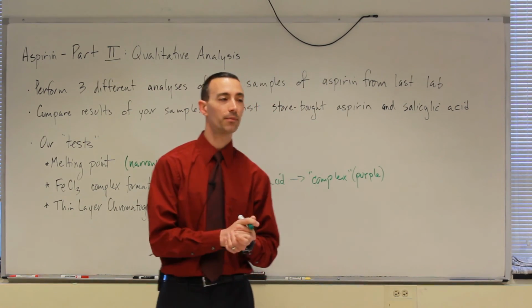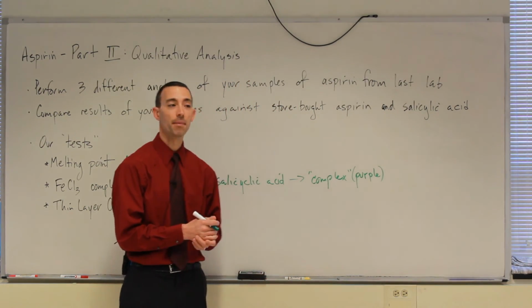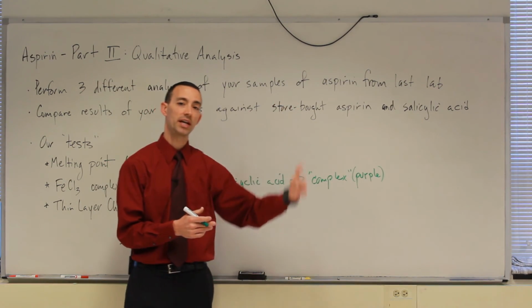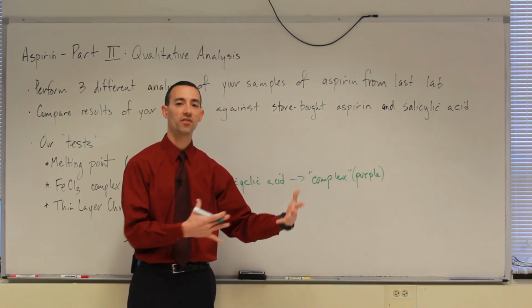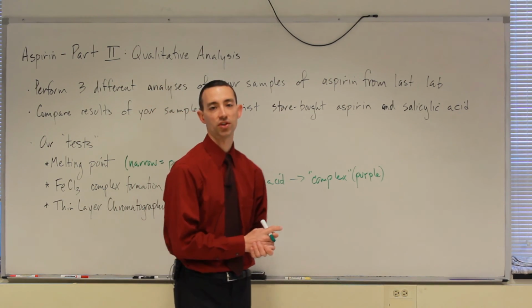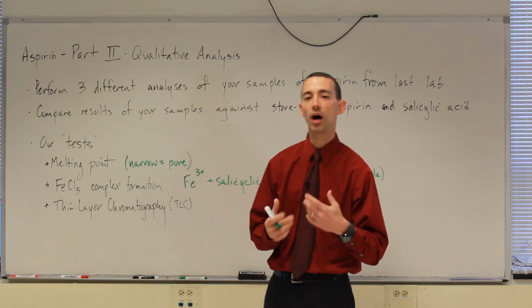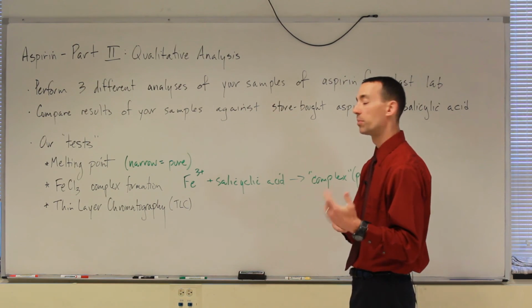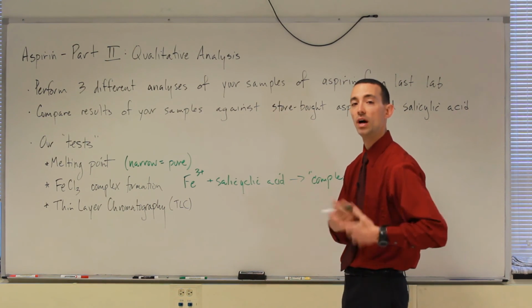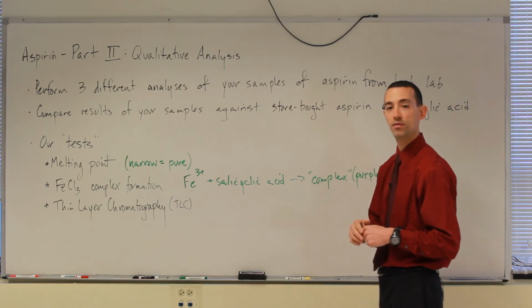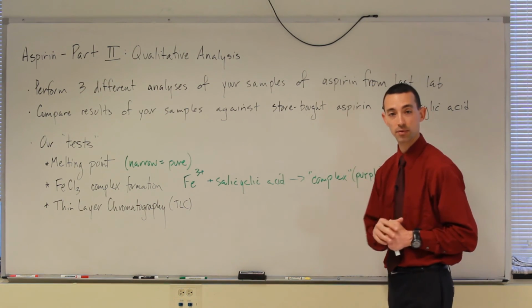If you have a camera, a cell phone camera handy, it might be good to line up your 4 test tubes right next to each other with a nice white, bright background that would show the difference in the colors, and then take a picture so that you can remember it. You obviously want to write good notes to yourself in the lab as well, but a picture could be very helpful, and you could include that in your lab report perhaps when you go to write your final lab report in a couple of weeks.